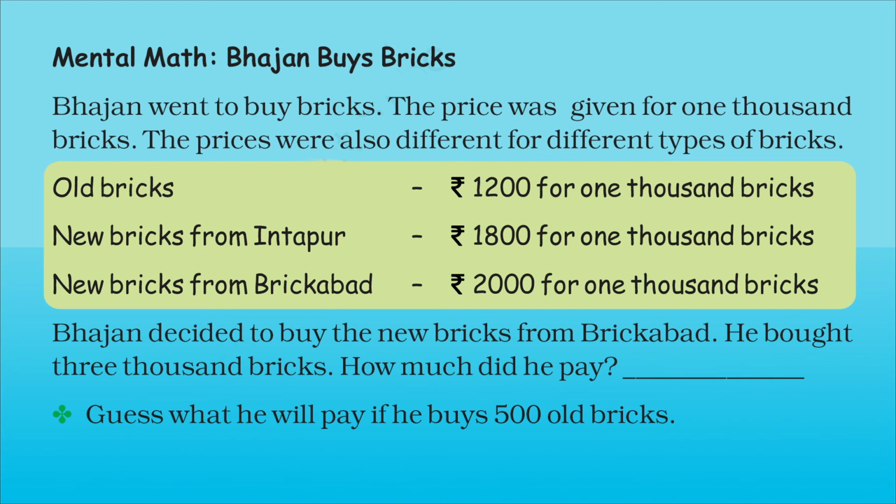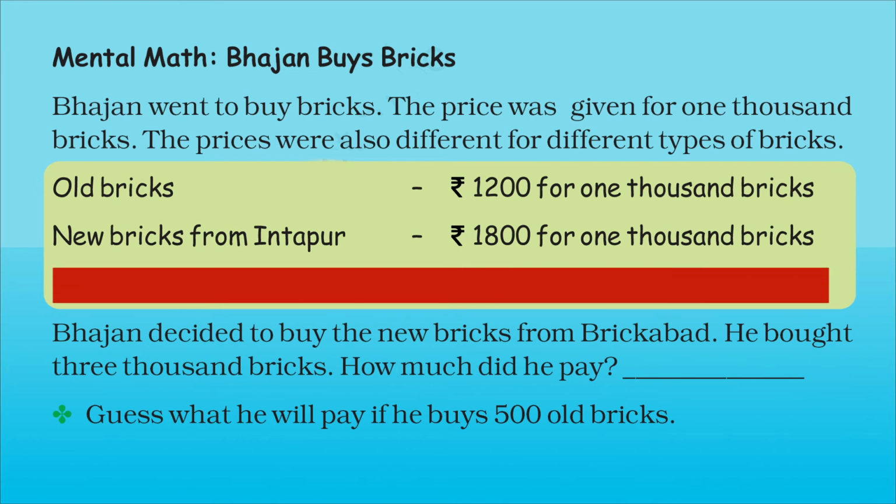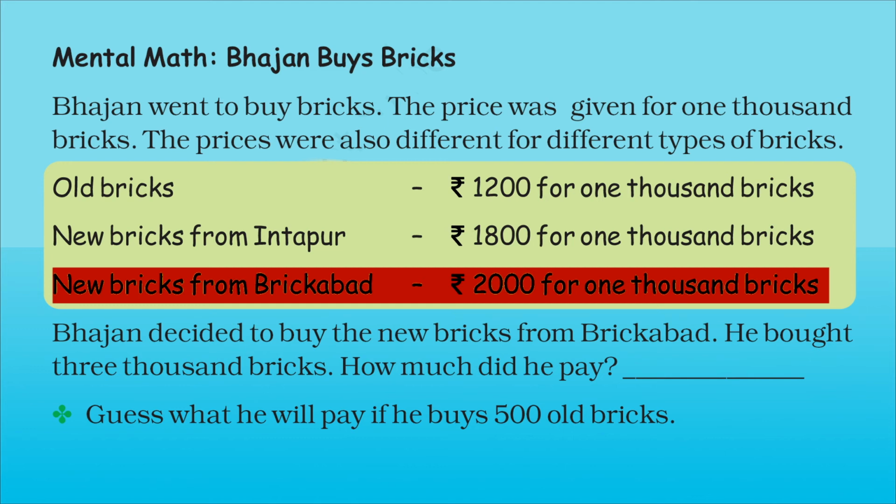He bought 3000 bricks. How much did he pay? We know that the cost of 1000 bricks from Brickabad is rupees 2000. So, if we want to buy 2000 bricks, we have to pay 2000 rupees plus 2000 rupees are equal to 4000 rupees.